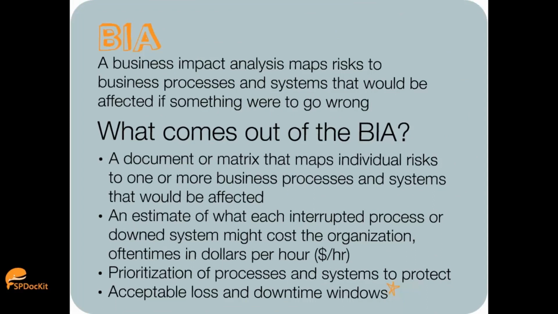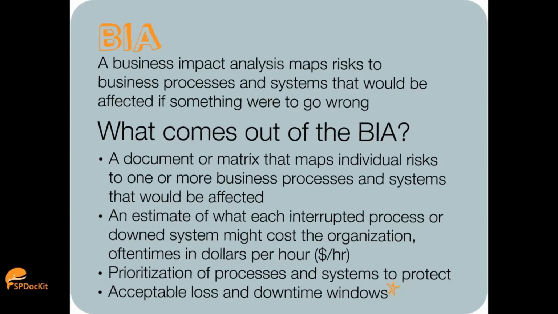So from the risk analysis, we then drive down to what's called a business impact analysis. And a BIA maps risk with business processes. So what we're trying to do in this is build a matrix of any given risk condition and map that across to business processes that might be impacted in the event that a risk, a disaster scenario, is realized.